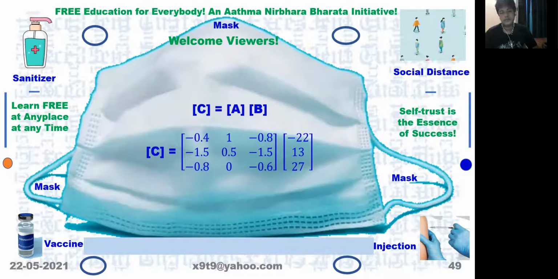Because there's no size for this matrix C. See, if you see the first equation, C is equal to A into B. If you know the size of A is 3 by 3 and the size of B is 3 by 1, what will be the size of C? That means you are not studying at all.